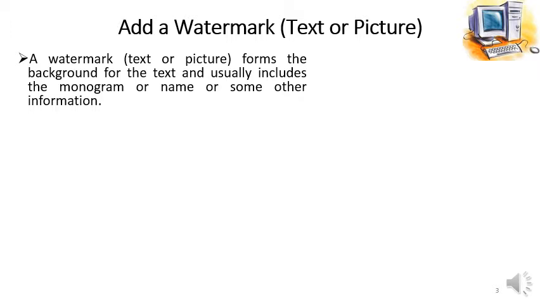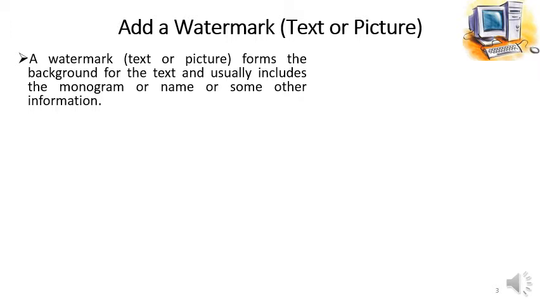Here it is important to mention what is the purpose of watermark. Watermark is basically used to ensure the security or the authenticity of any creative work or any document. It also restricts the unauthorized copying of any document.